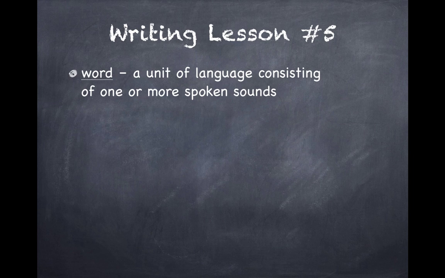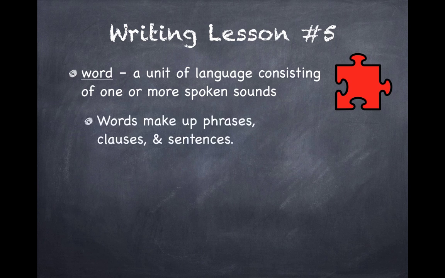A word is a unit of language consisting of one or more spoken sounds. So a visual we can think of is a single puzzle piece. It functions independently and by itself. Well, then, of course, words can make up larger units such as phrases, clauses, and sentences.